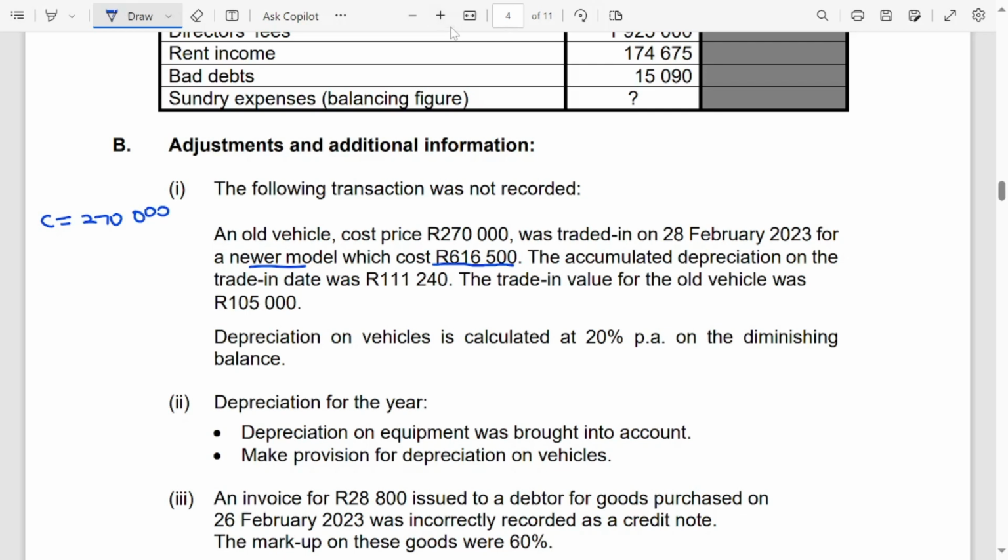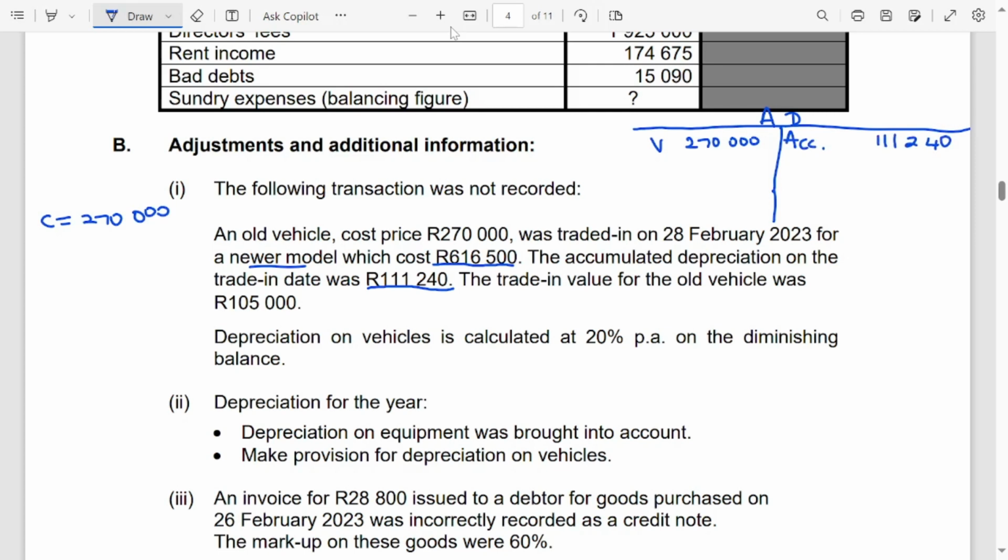So the accumulated depreciation on the trade-in date was 111,240. Now, if we were told to do the asset disposal account, we would open it: asset disposal. So we have the vehicle's cost price of 270,000, and then the accumulated depreciation of 111,240.